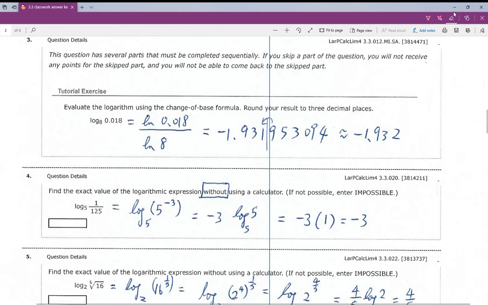So when you have base 8, it's hard to use a calculator. But if you change to ln, then we can just use the calculator, you input, and then you can find the answer.